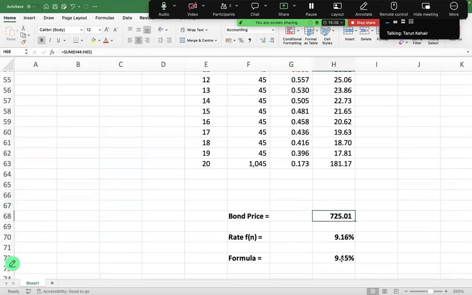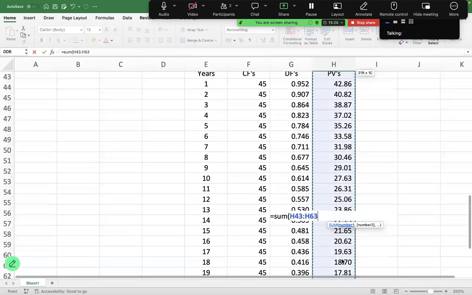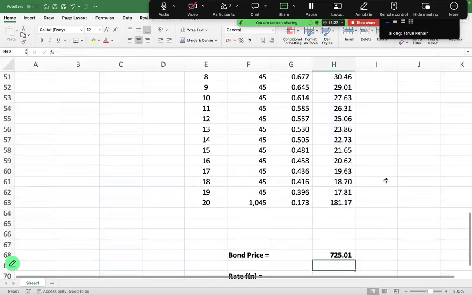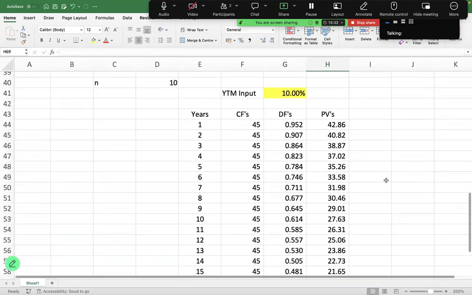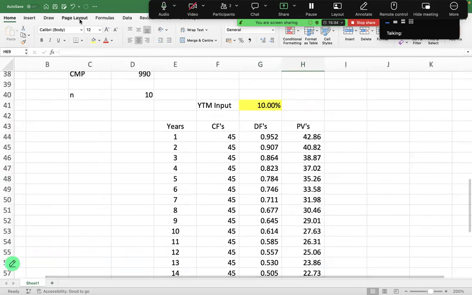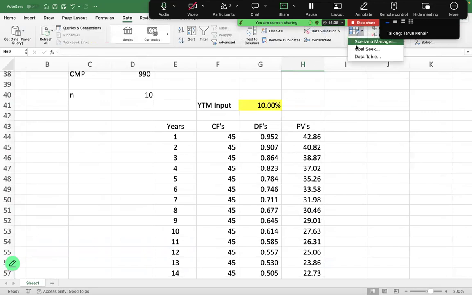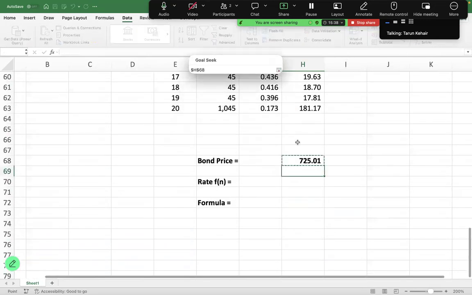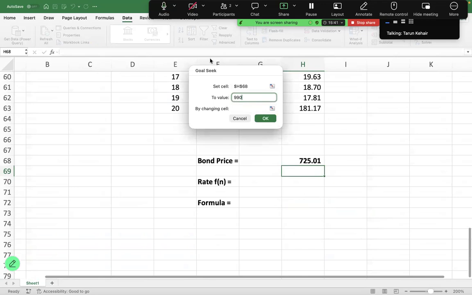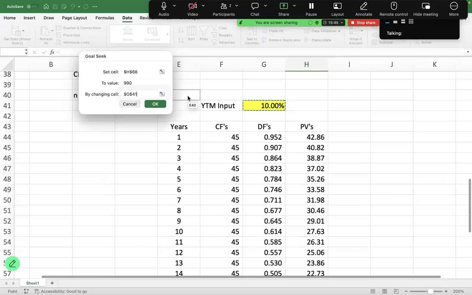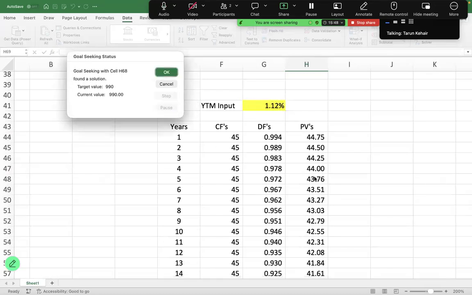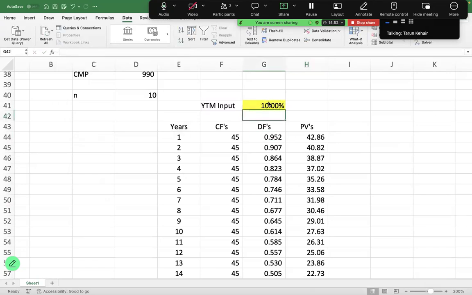Now we have to see what bond price is coming here. It is coming to 725, but what should it be? It is 990. So go to Data, What-If Analysis, Goal Seek. I set this to 990 by changing my YTM input and I press OK. No, there is some mistake I have done. I think there's some mistake in the formula.